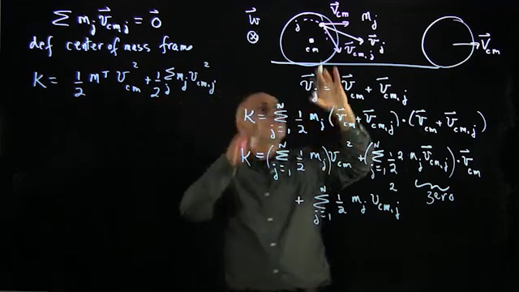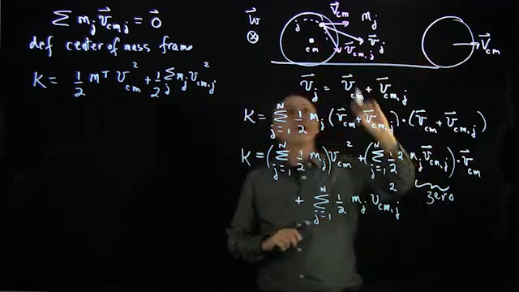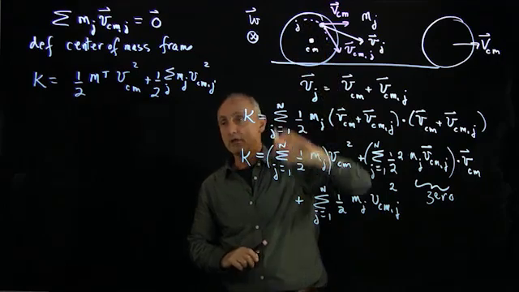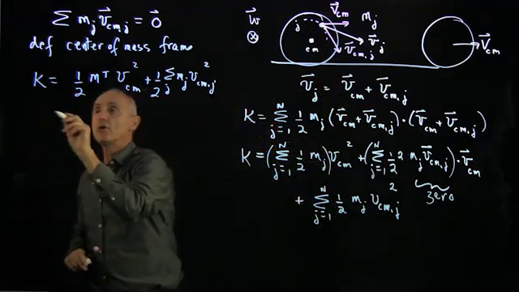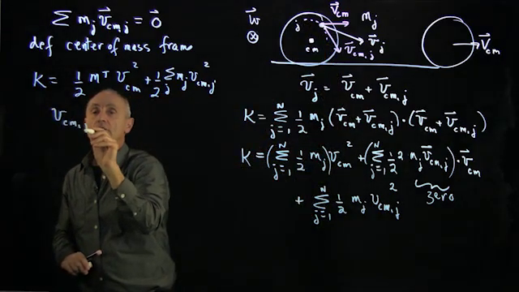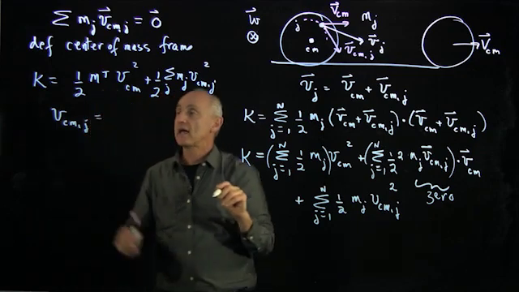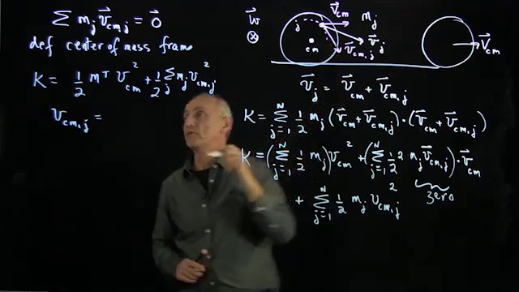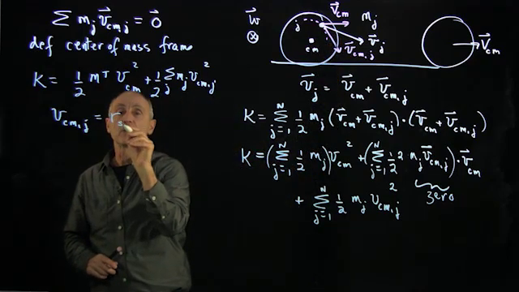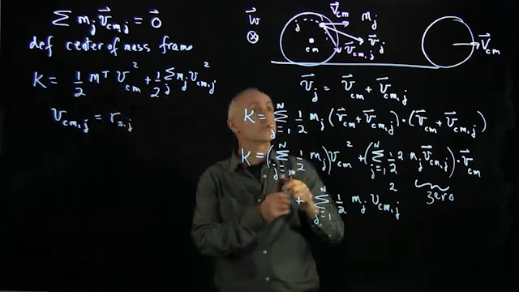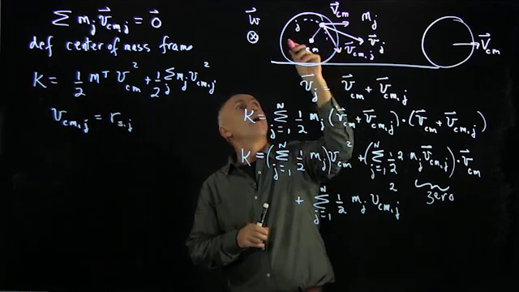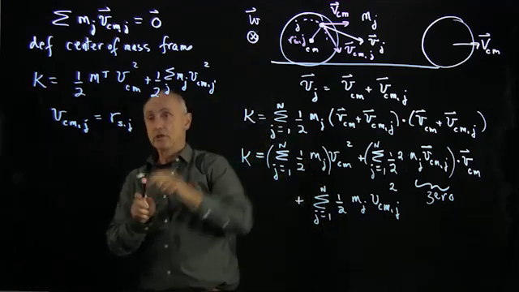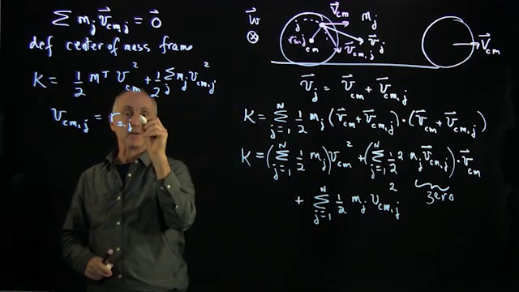Now, if you were moving with the center of mass, then this jth object is just undergoing circular motion. And so we have our result that we've used many times, that the tangential rotational velocity is just equal to the radius, r sj, times the angular speed, omega.